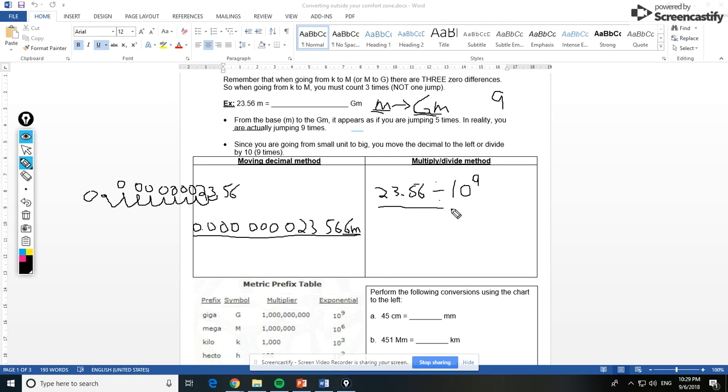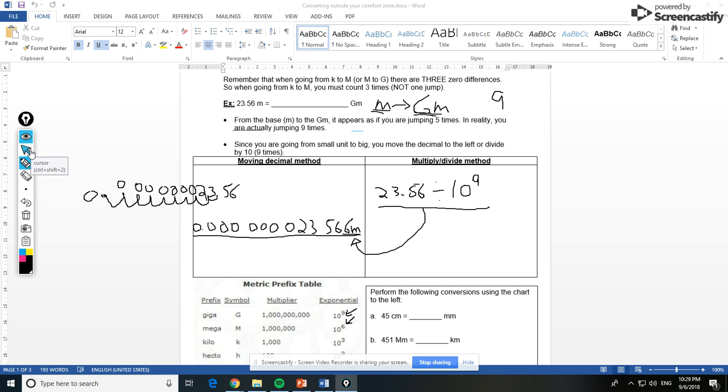And then that should give you, if you put it in your calculator, the same answer that you received over here. So the purpose of this video was just to show you not to make the mistake of counting individually. You have to make sure you look at that exponent carefully when you're figuring out how many zeros different there are between the different units.